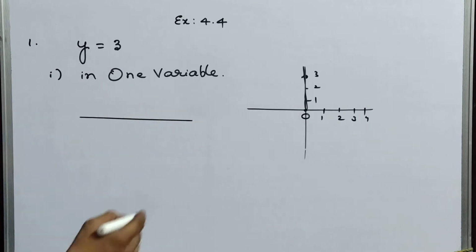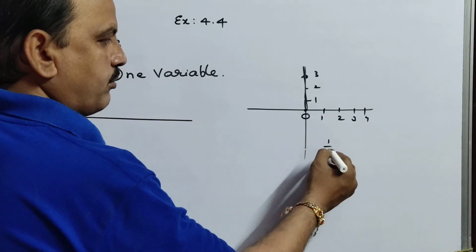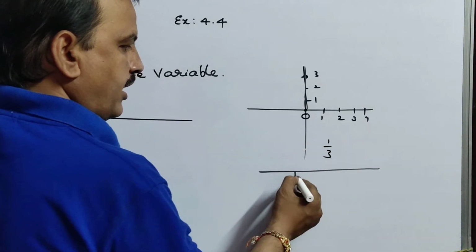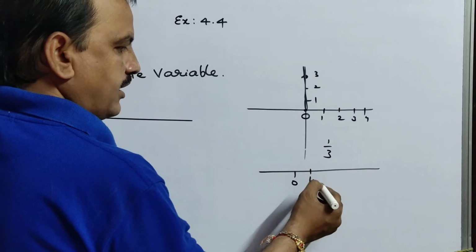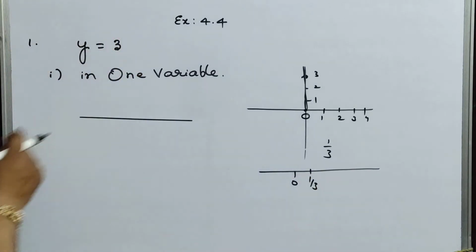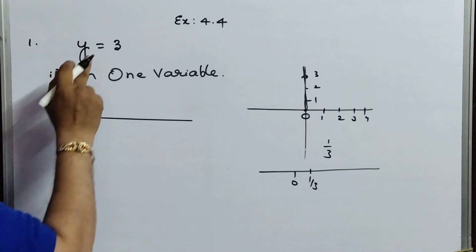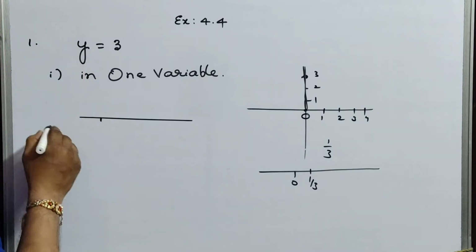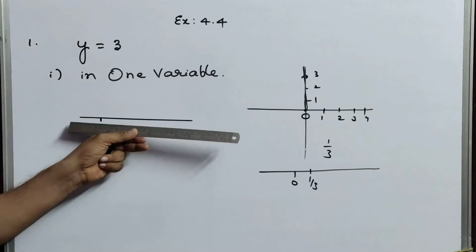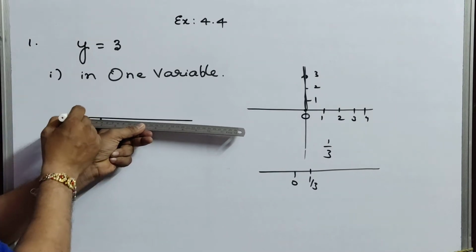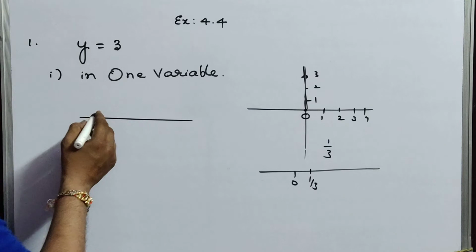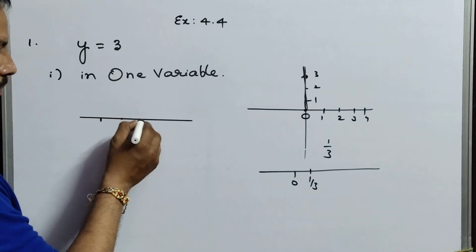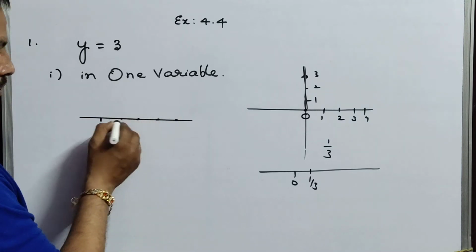As in the lower classes, like 1 by 3, you draw one line, 0, 1 by 3, like that. In the same way you can do this. So y equals 3. According to the scale, draw a line, say 10 centimeters or so, and take 1 centimeter for each unit.